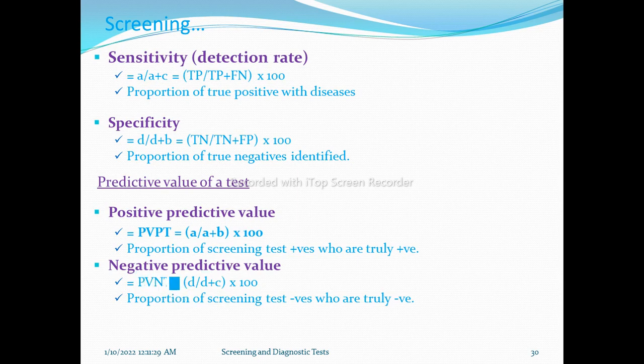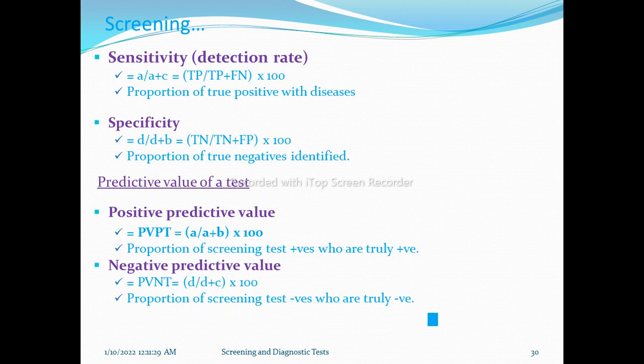Negative predictive value is equal to D over D plus C, meaning true negative over true negative plus false negative, times 100, meaning the proportion of screening test negatives who are truly negative.